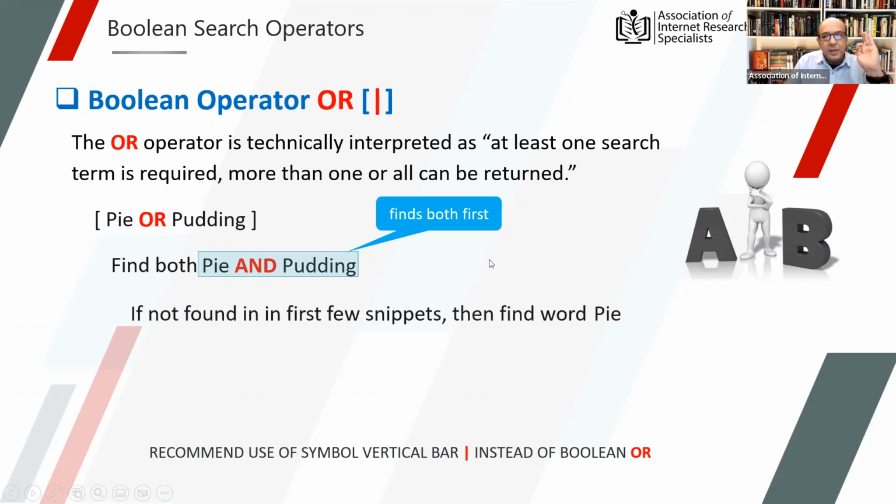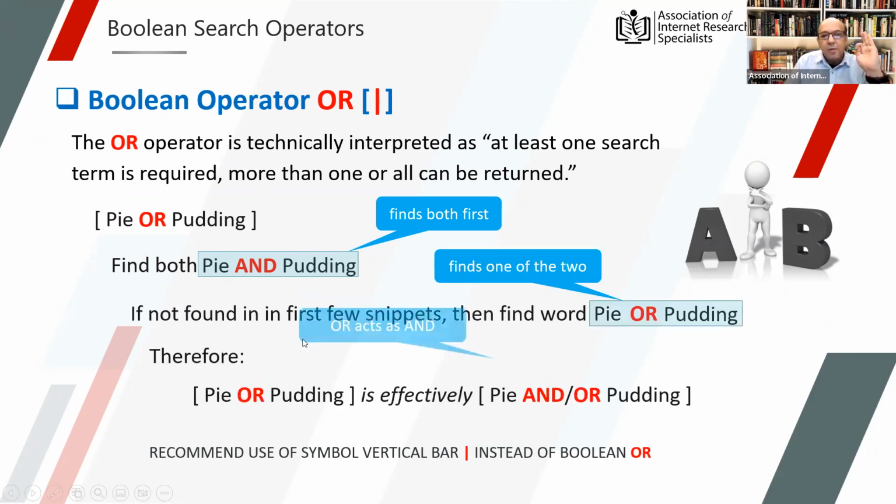Then in the second instance, it is going to show its actual feature of finding either pie or pudding. So when you write pie or pudding, it is effectively AND first, the first or preferred action, and then the OR action kicks in.